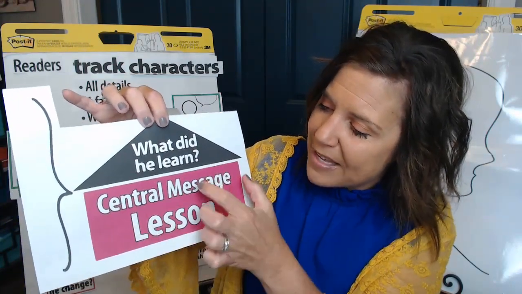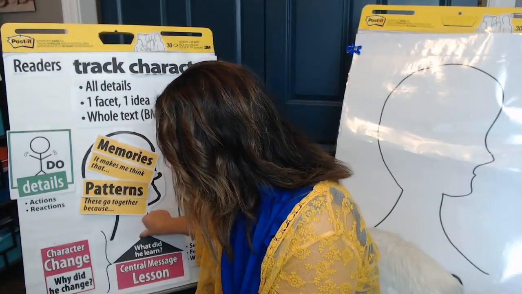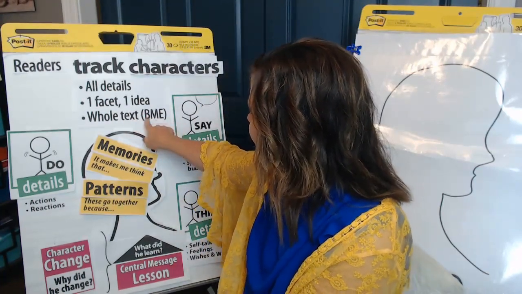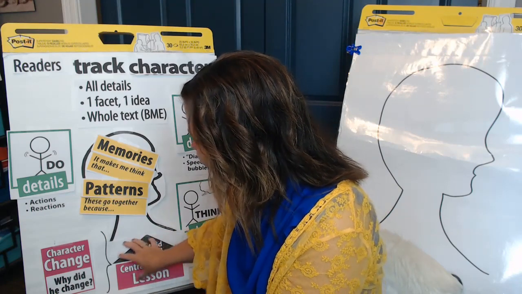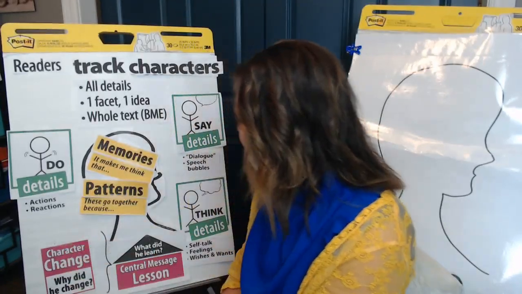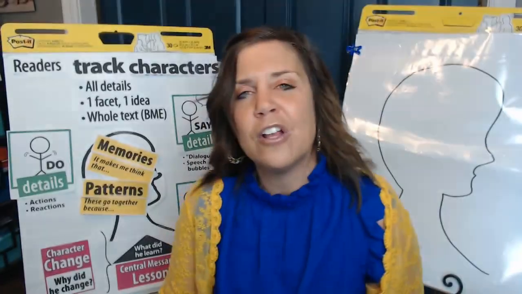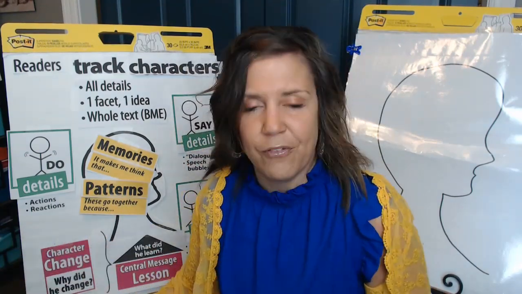What is the central message or the lesson that they learn? And we can figure that out by looking at all of these clues through the whole story, the beginning, the middle, and the end. And we can put all this together, think about what he learns, and think about how he changes. Those are the inferences that I'm going to show you how we can come up with today.